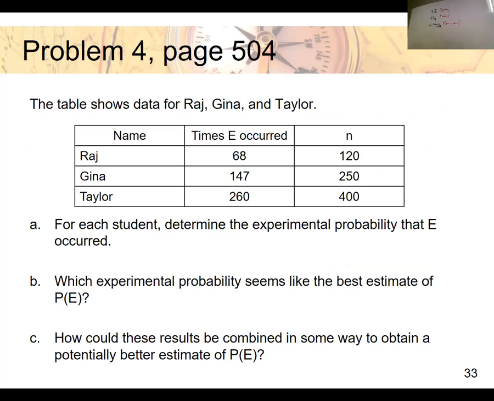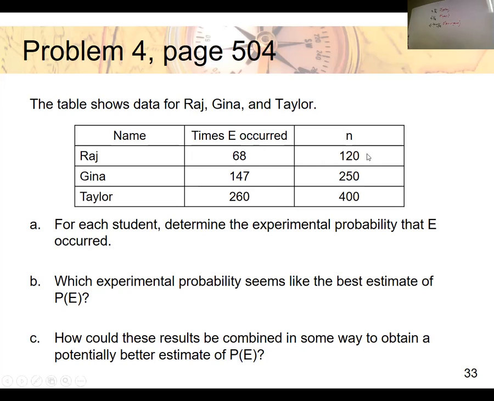So in this particular problem, number 4 on page 504, we have data for Raj, Gina, and Taylor. I'm not sure what they mean with the n in this case, but here's what they did.